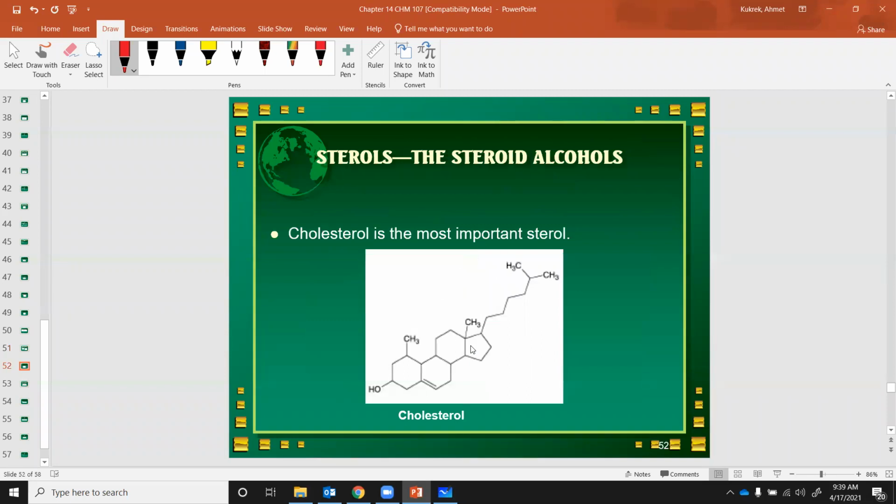And cholesterol, look at the cholesterol, right? Again, there's good cholesterol and bad cholesterol, and I'm not an expert to talk about it, but this is another steroid molecule. As far as the chemistry is concerned, we're going to call cholesterol a steroid too.